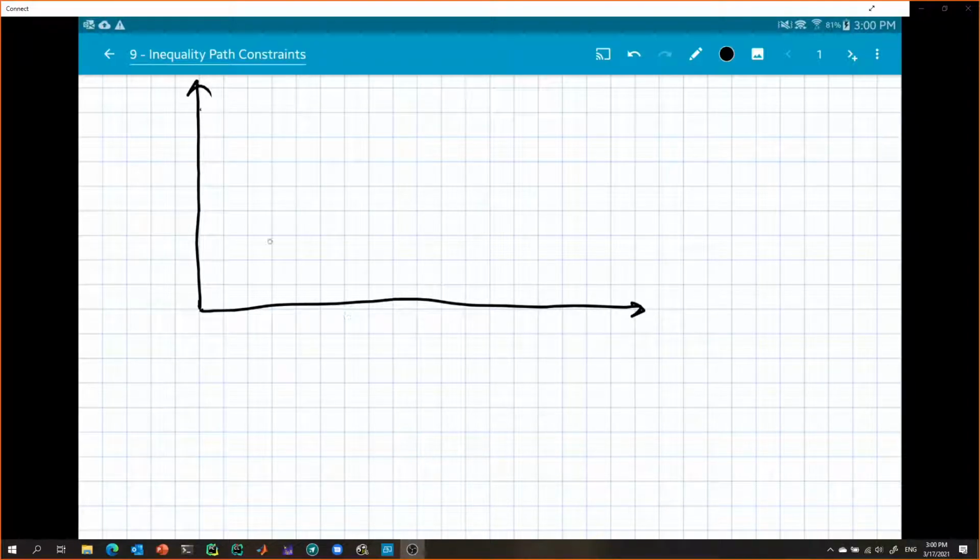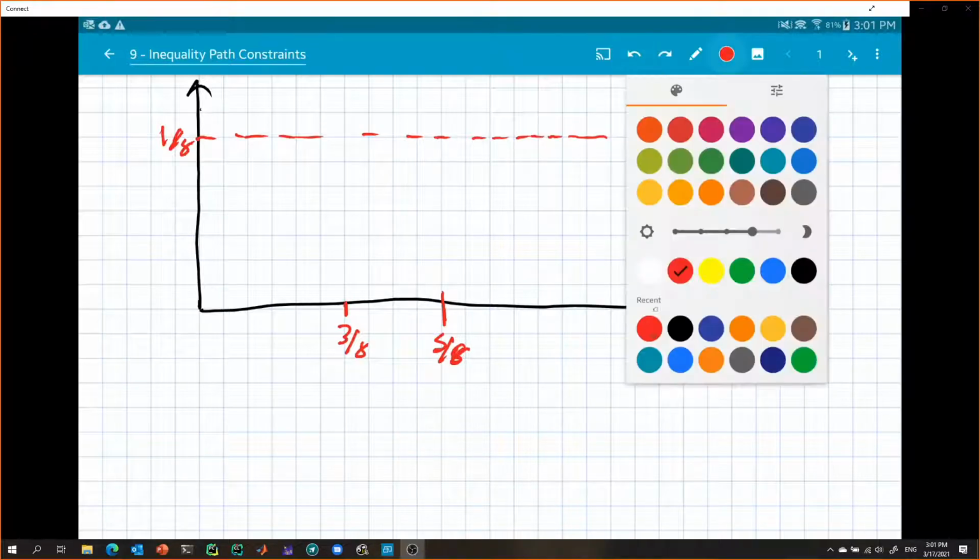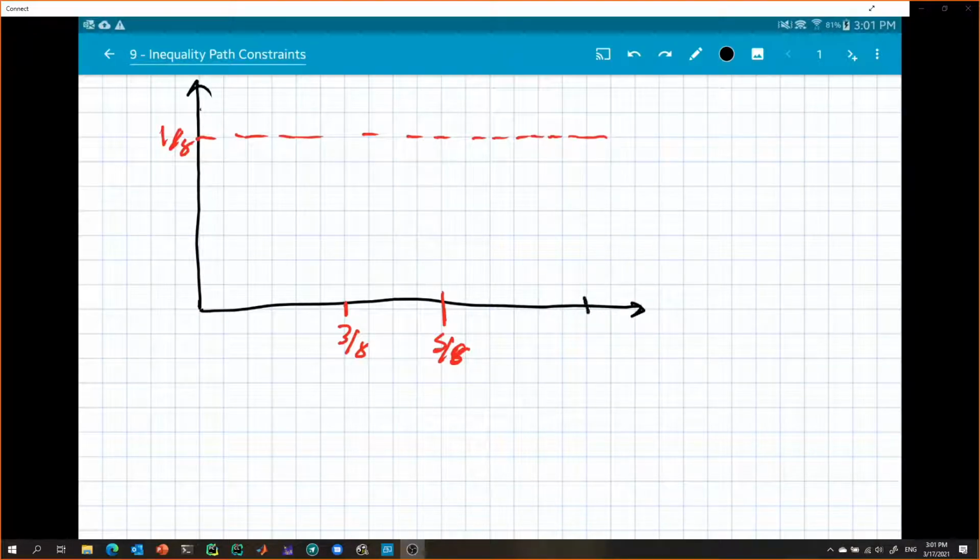So let me add in our constraint first. This is at 1/8, and then I actually know the t's as well. So this would be 3/8, and then 5/8, and actually counting these out, that's 1 and this is 0.